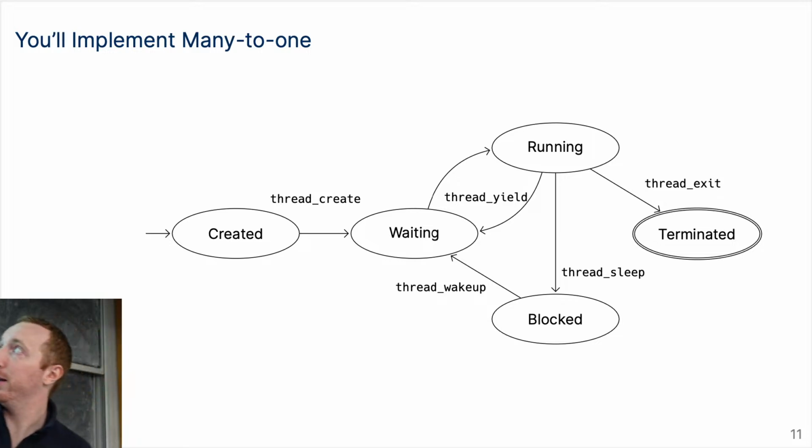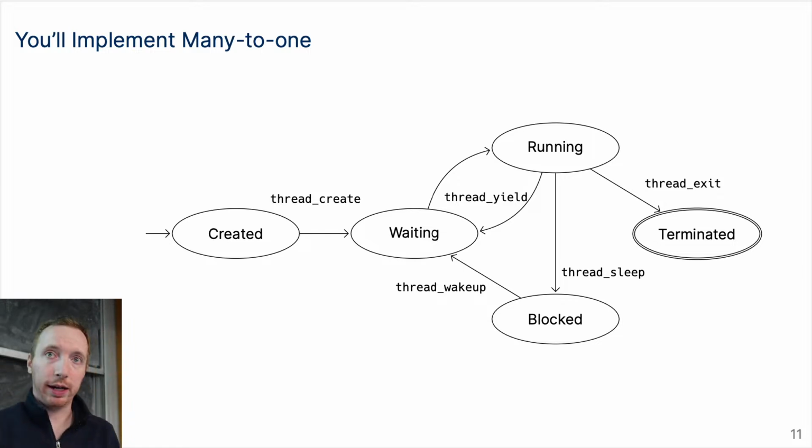You're going to depend on threads to call thread yield, and that will transition them from running to waiting. And then your threading library is going to decide which threads in the waiting queue are promoted to running, and you would just take whatever thread is at the front of that queue.